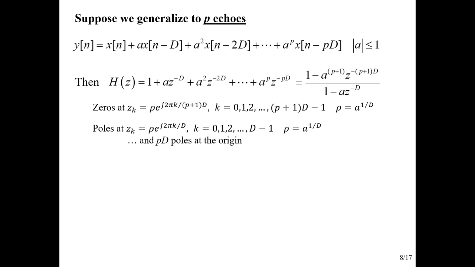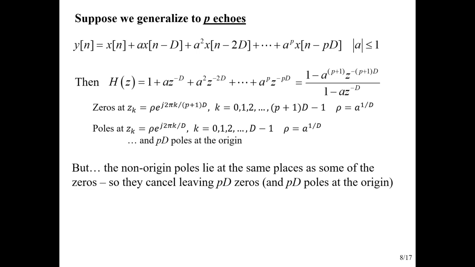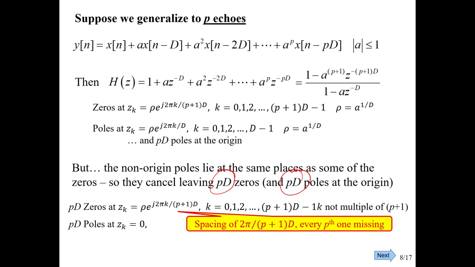And we can find where all the poles are. And we also see that the poles cancel the zeros just like before. And so we're left behind with PD zeros and PD poles at the origin. So here's what we have. Again, this structure looks like what we saw up here, except now we're saying not a multiple of P plus 1.